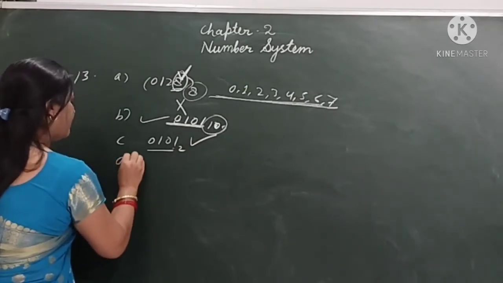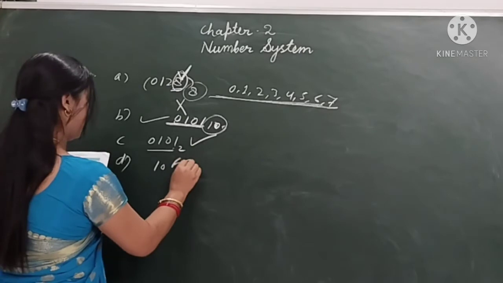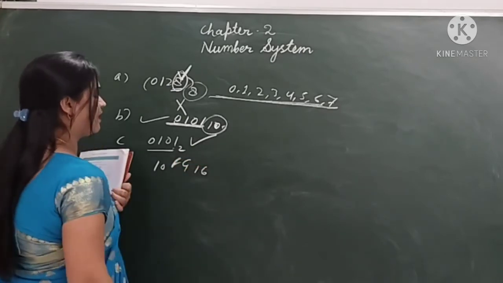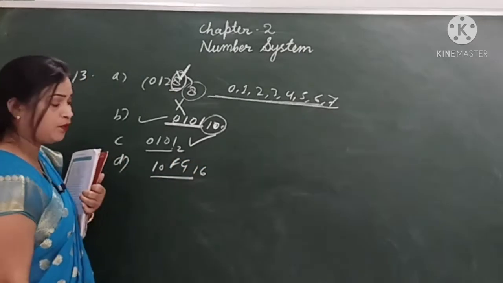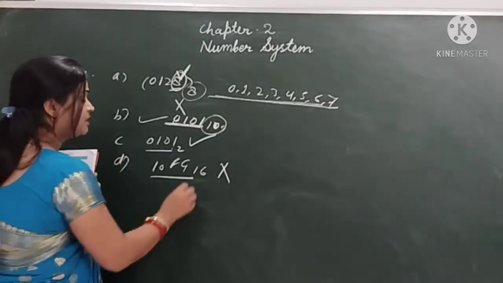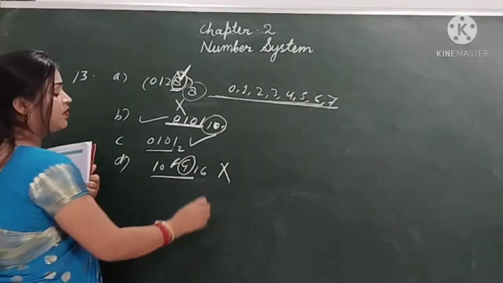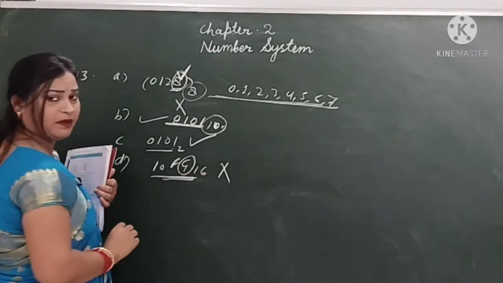Come to part D, that is 10FG base 16. Is it correct? No. Why? This is wrong, because this G does not belong to the hexadecimal number system.